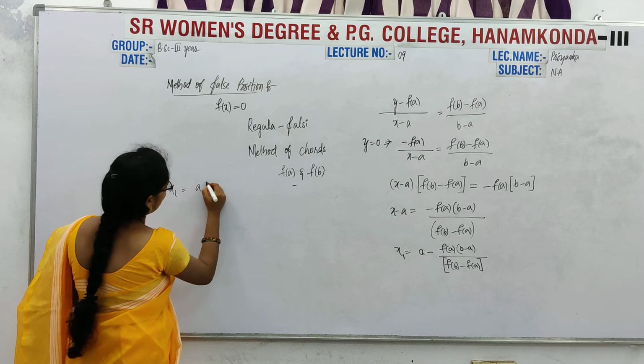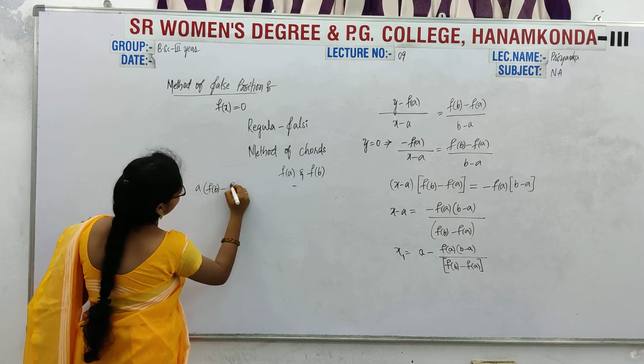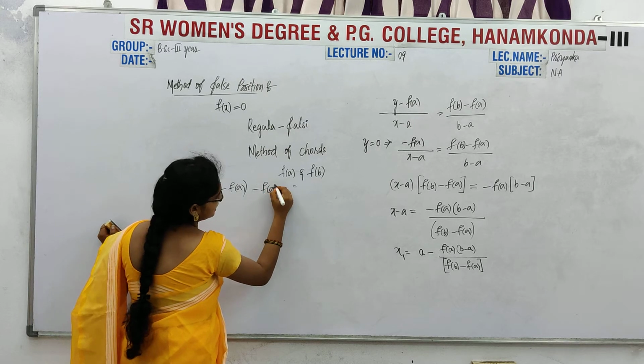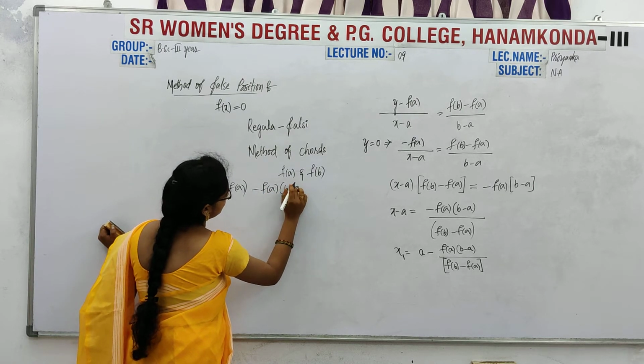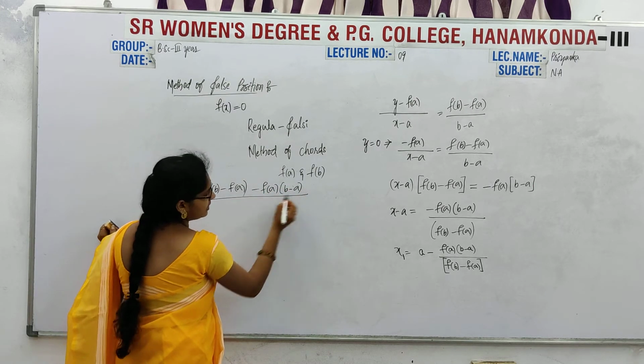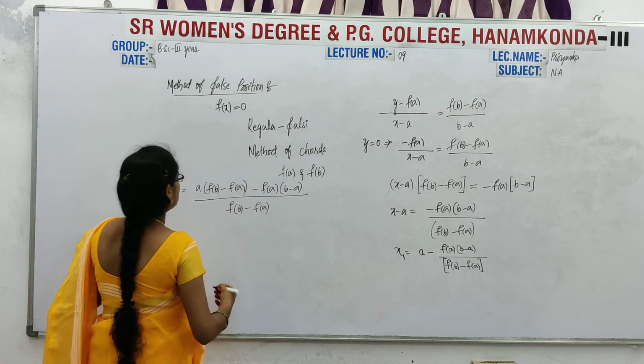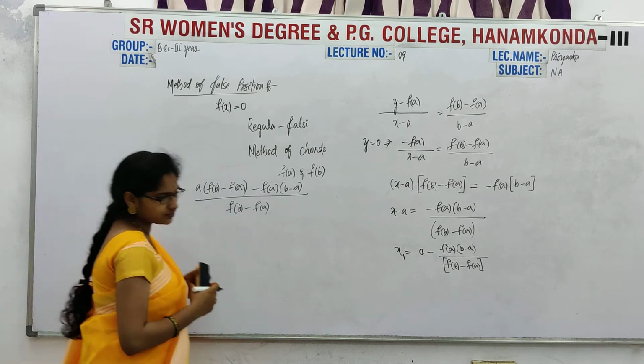x1 equal to a of f of b minus f of a minus f of a into b minus a, by f of b minus f of a. So now here what we can write now?